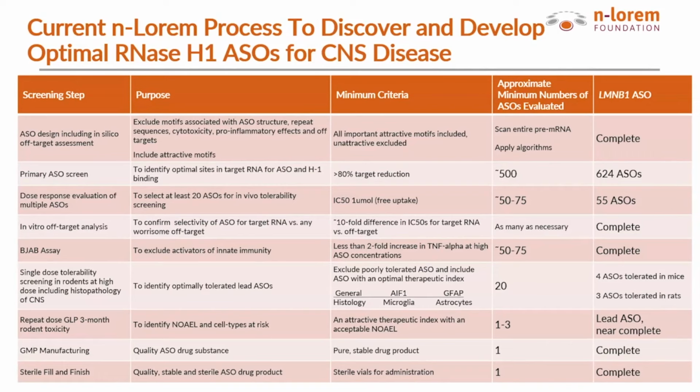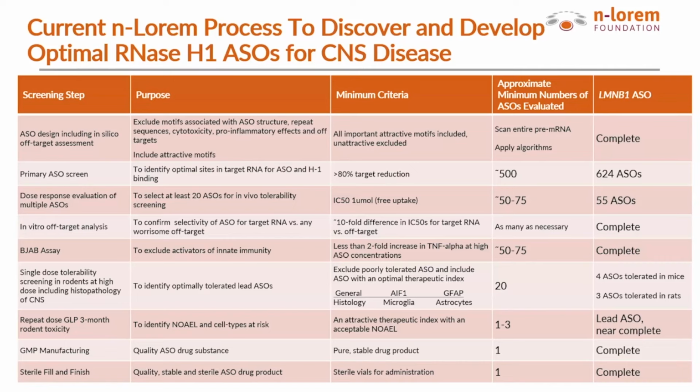Then moving into in vitro off-target analysis. Based on the sequence, we can predict what likely off-targets might be, based on where this ASO could interact given mismatches or similarity in sequences to the target. And they go back and actually look at those and see which have changes in expression levels in the cells they're testing. That was completed and ruled out any issues.